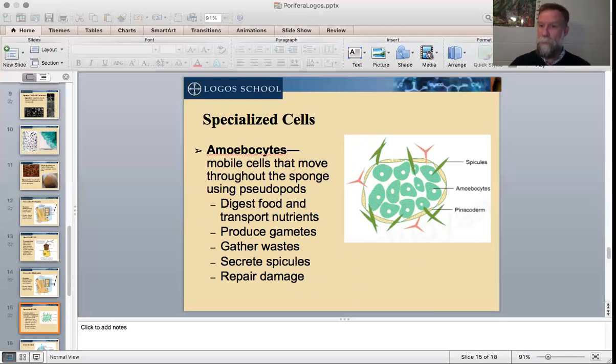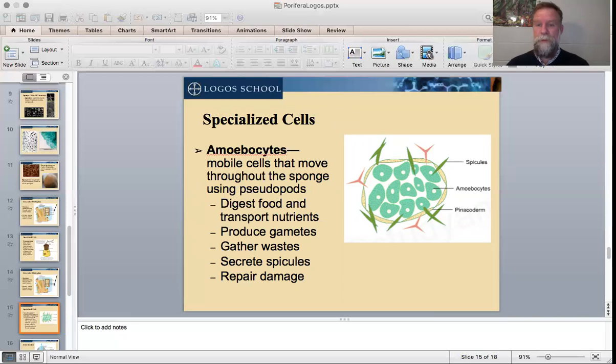And so with cytoplasmic streaming, they extend those pseudopods and they're able to grab and digest food and nutrients and transport them to various parts of the creature. They produce the gametes. Listen to this list. These guys are overworked. They also gather and get rid of waste. They secrete spicules and they repair damage.